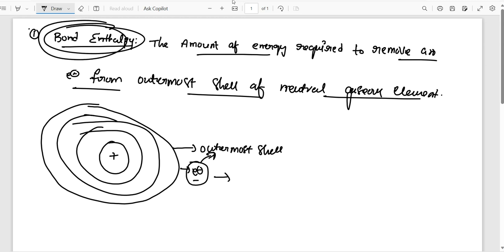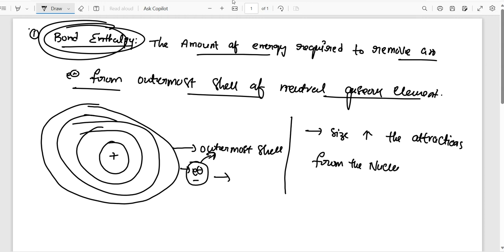So we can easily observe the concept: when we increase the size, the attraction from the nucleus to the outermost electrons decreases.